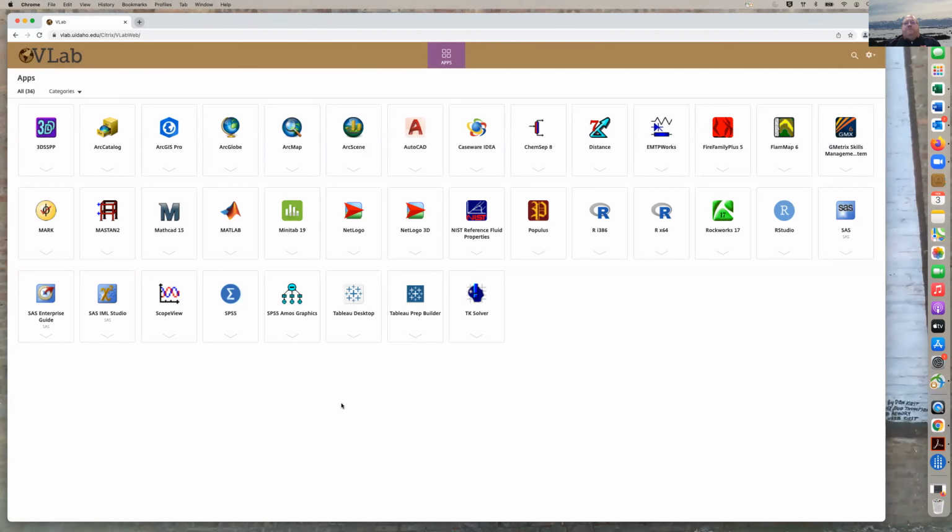So again, bear with us as we load this. And we're still going. Okay, it's starting to open up.